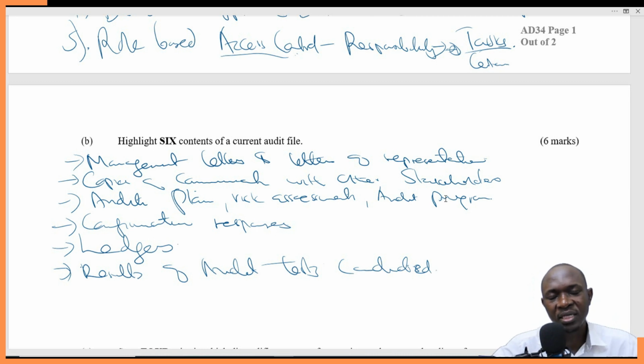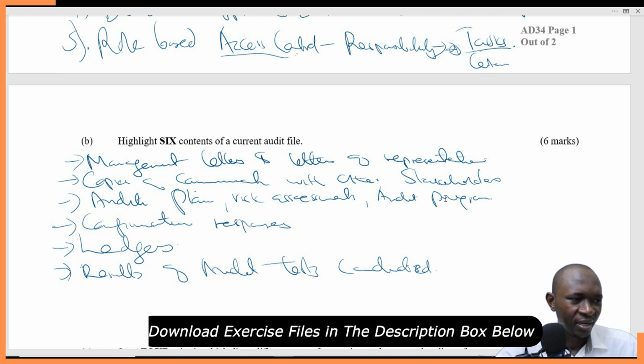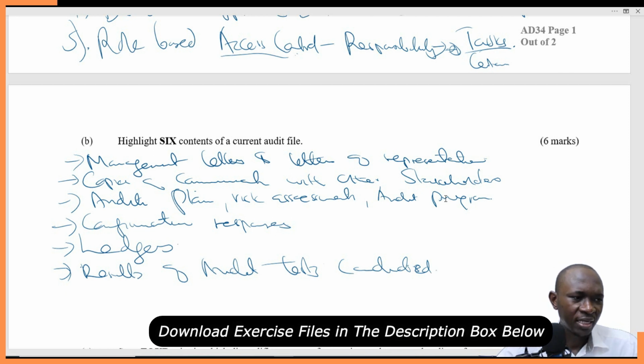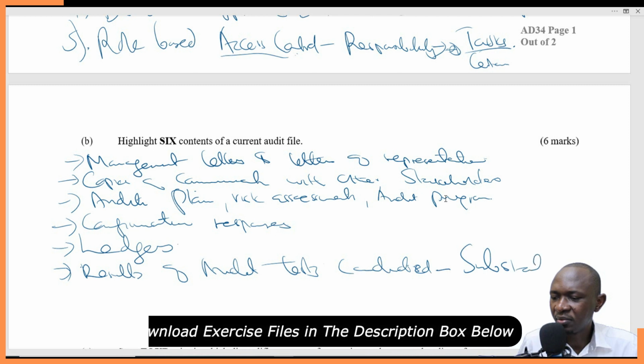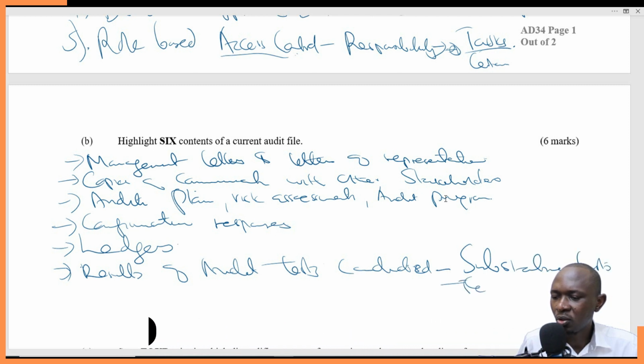We'll just carry out a sample, and the results that we get from those tests will also be contained in the current audit file. The test controls and substantive tests, all of them will fall under the audit tests.